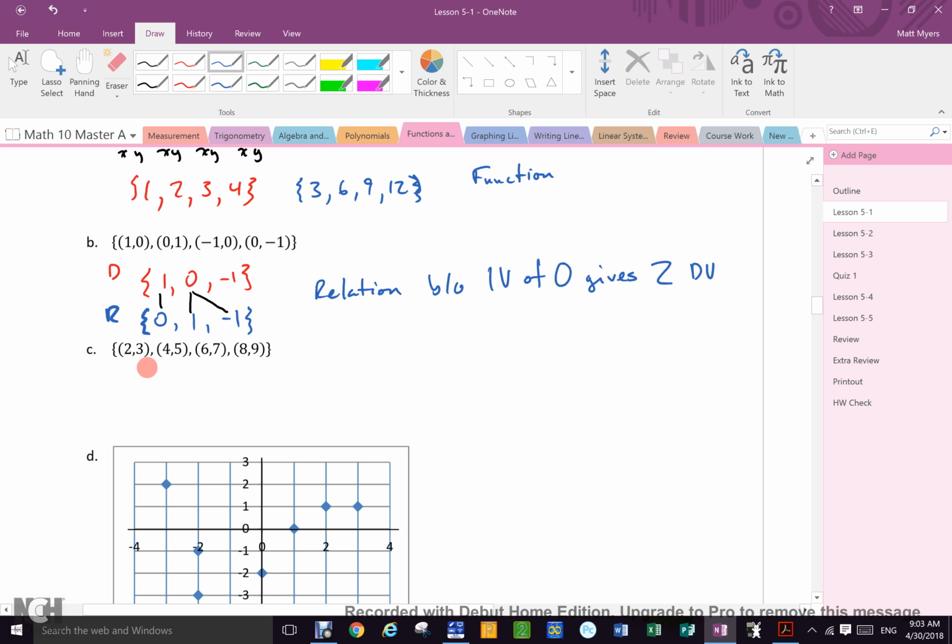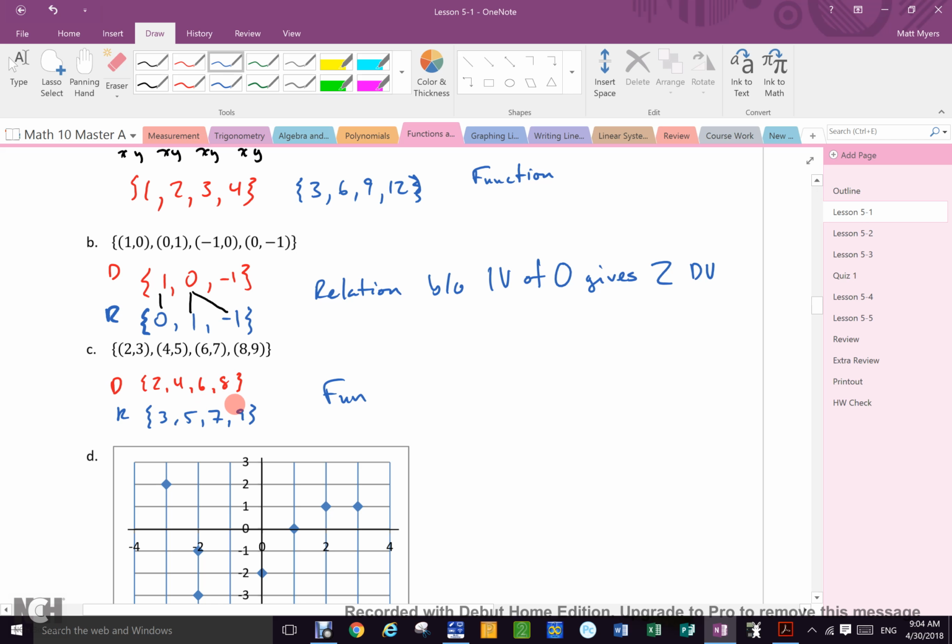What about this one? What's our domain? 2, 4, 6, 8. What's our range? 3, 5, 7, 9. Function or relation? Function. Because 2 goes with 3, 4 with 5, 6 with 7, 8 with 9.